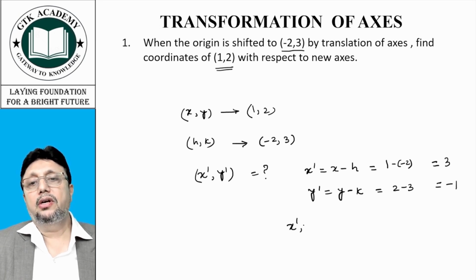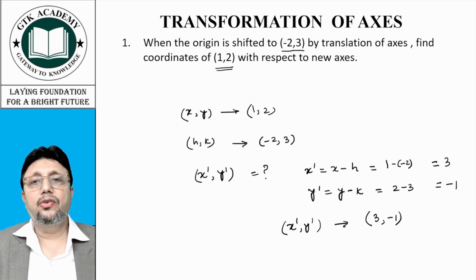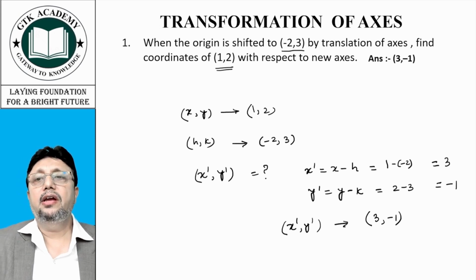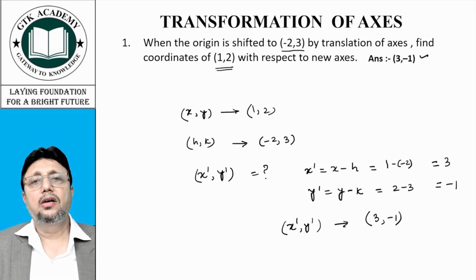So x dash and y dash are 3 and minus 1. So the changed coordinates are 3 and minus 1. Let's check the answer, and the answer is 3, minus 1. This is how you change the coordinates. It's a pretty simple question, but sufficient to explain the concept.